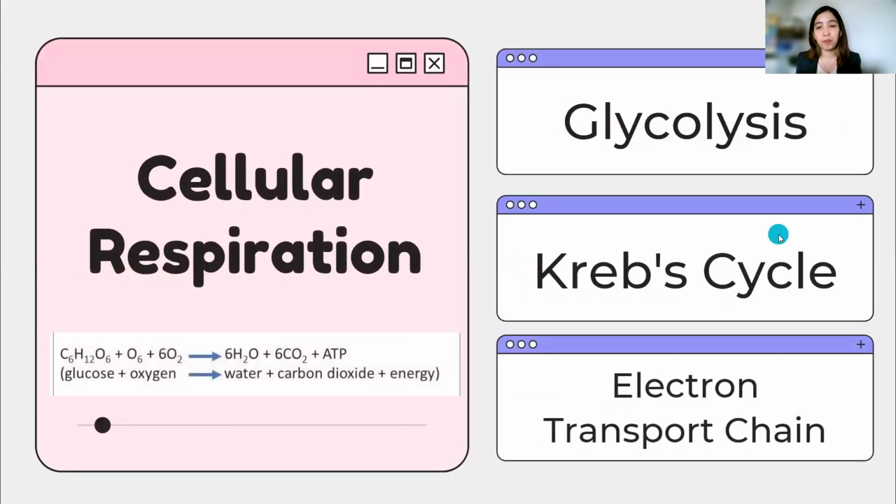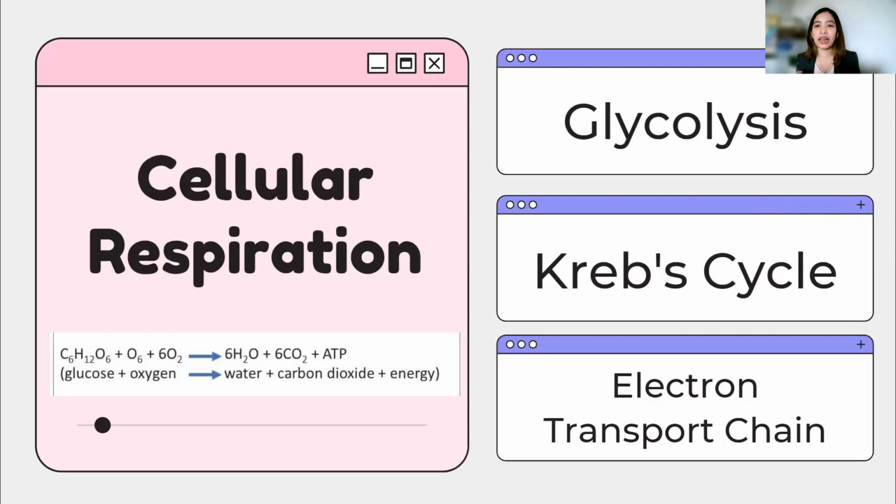So, yung cellular respiration, isang metabolic process kung saan kino-convert ng cell yung pagkain na ini-intake natin or yung sugar in form of glucose para ma-convert siya into usable energy, which is the ATP. So, yung glucose or sugar is available sa mga foods na kinakain natin, while yung ATP naman, ito yung energy currency of the cell.